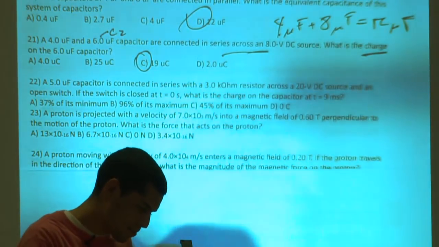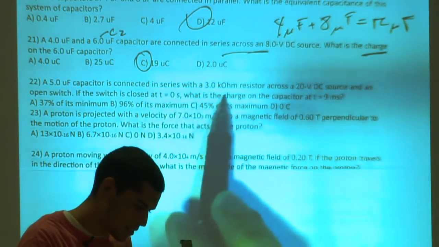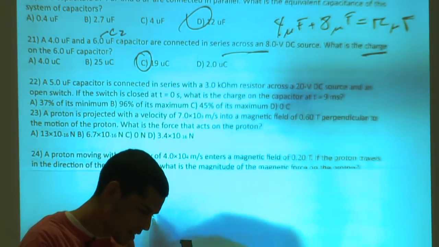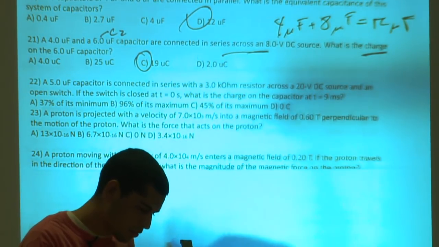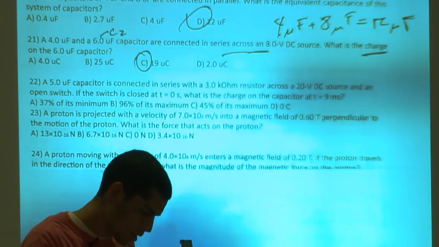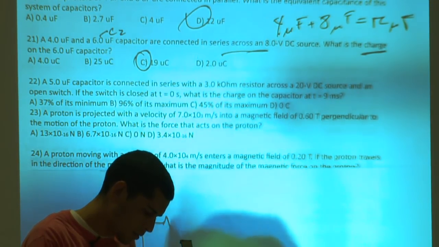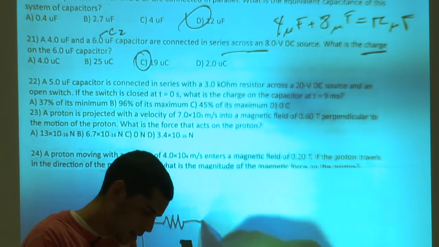So we have a 5 microfarad capacitor connected in series with a 3 kilo ohm resistor across a 20 volt DC source. So here we have our 20 volt DC source, a resistor, and then a capacitor.